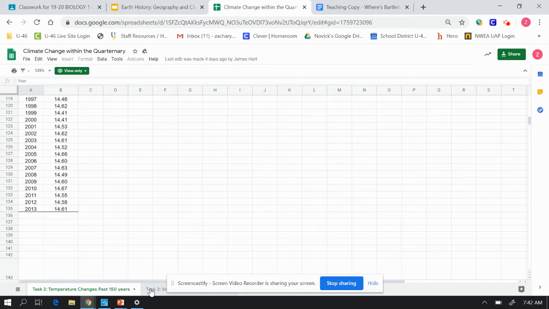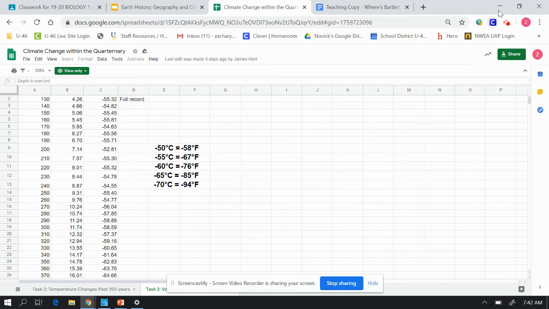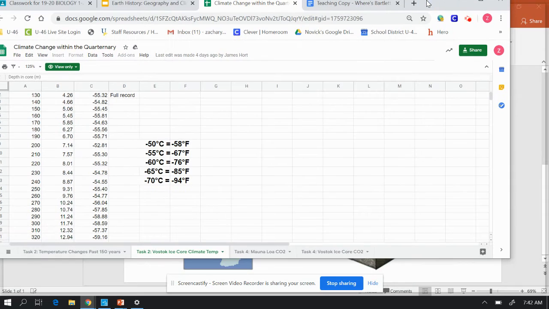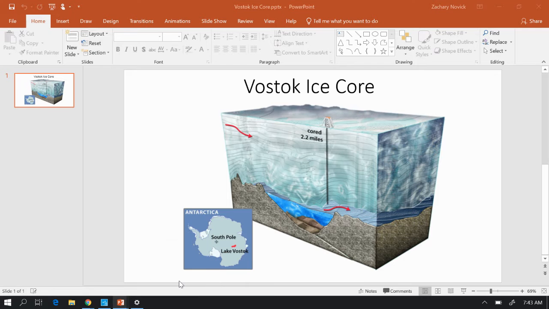Now, next, on tab 2, you guys see something called the Vostok ice core temperature. Yeah, a little tab in the way here. All right, so just to kind of give you guys an idea of what that is, Vostok Lake was an area in the Antarctica, and geologists dug all the way down to the bottom, taking chemical analyses and samples of all of the ice therein.